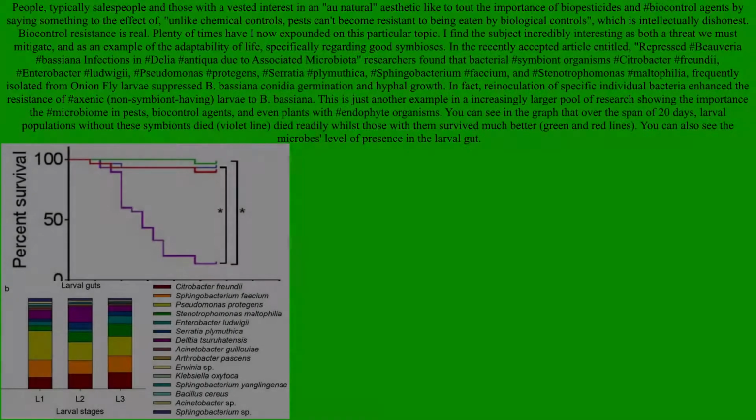In fact, reinoculation of specific individual bacteria enhanced the resistance of axenic, in other words, non-symbiont having larvae to Beauveria bassiana. So they were able to actually vaccinate these larvae from Beauveria bassiana by taking the bacterial symbionts that did allow for resistance and just putting them into the other larvae, and it worked the same way, which is pretty fascinating.